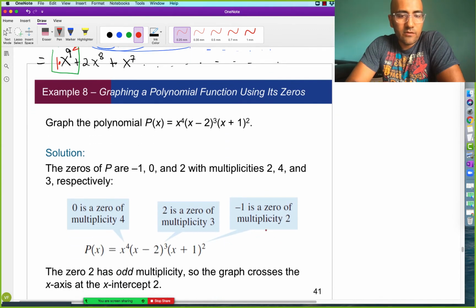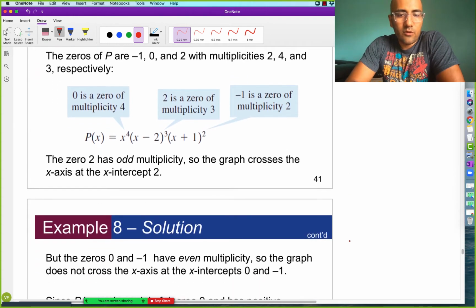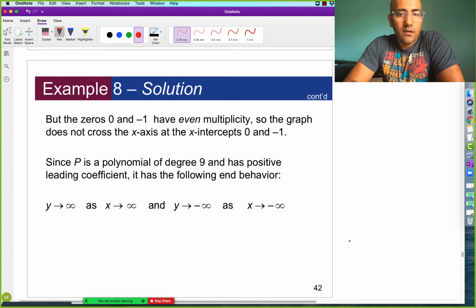Okay, so we have 0 multiplicity 4, 2 is a multiplicity 3, negative 1 is a multiplicity 2. Okay, even multiplicities, the polynomial is degree 9 and has a positive leading coefficient, so we know that it's going to follow that behavior of an x cubed.